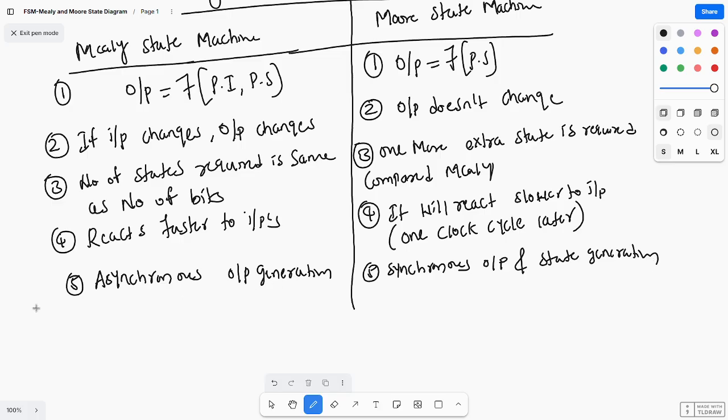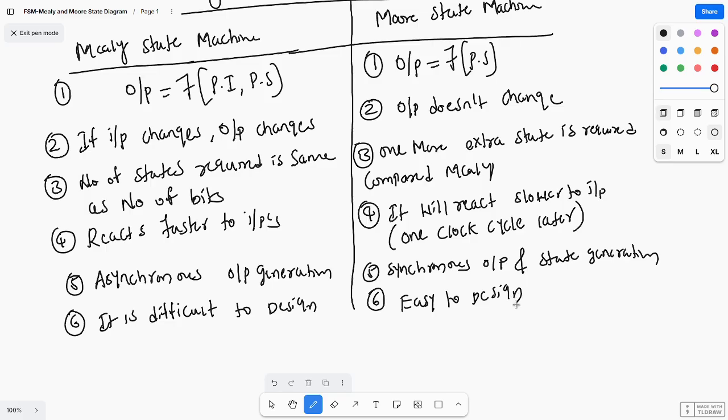Mealy is difficult to design, and Moore is easy to design. So this is the difference between the Mealy machine and the Moore machine.